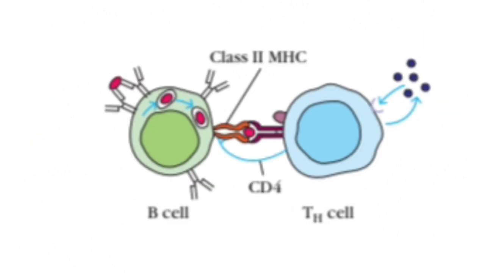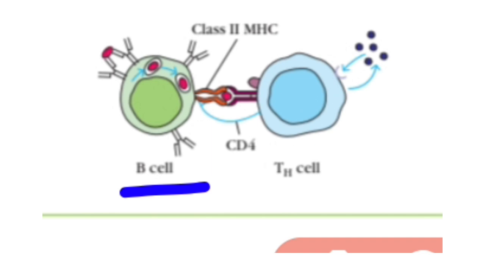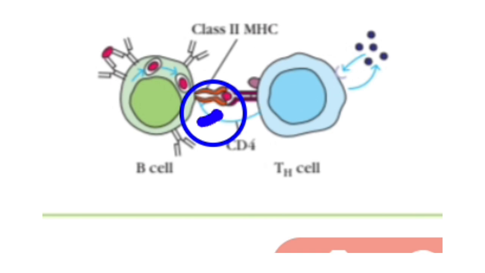Look into this picture. As we know, B cells are antigen presenting cells, so this B cell expresses class 2 MHC molecule on its surface. This class 2 MHC molecule binds with antigen and presents it.